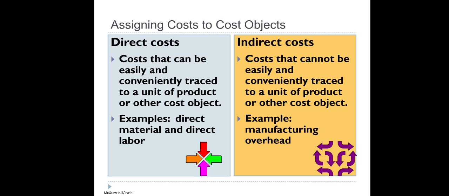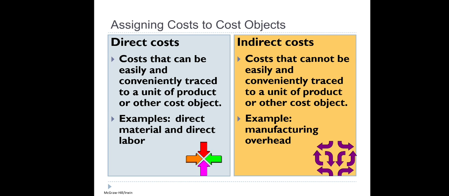Another one that you can trace or see directly is the direct labor cost. Why can you trace directly the direct labor cost? Because if you go to the factory and you observe the activities, you can calculate how many labor hours are used to produce the soft drink.